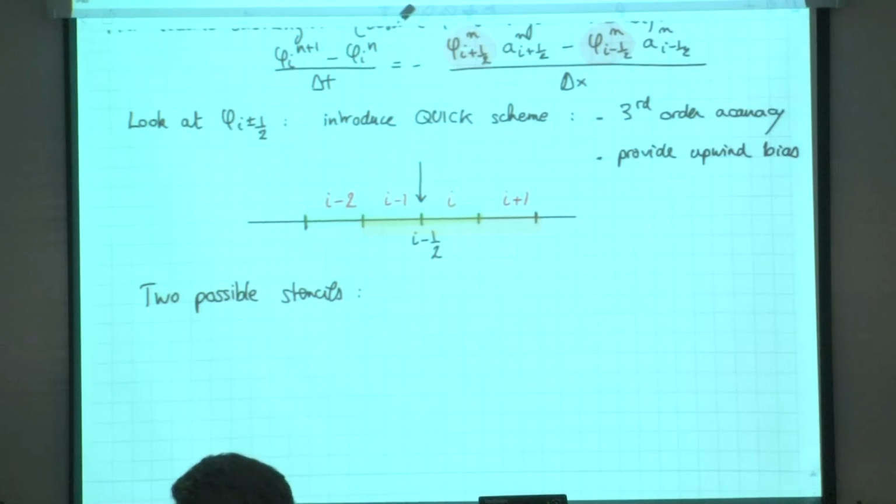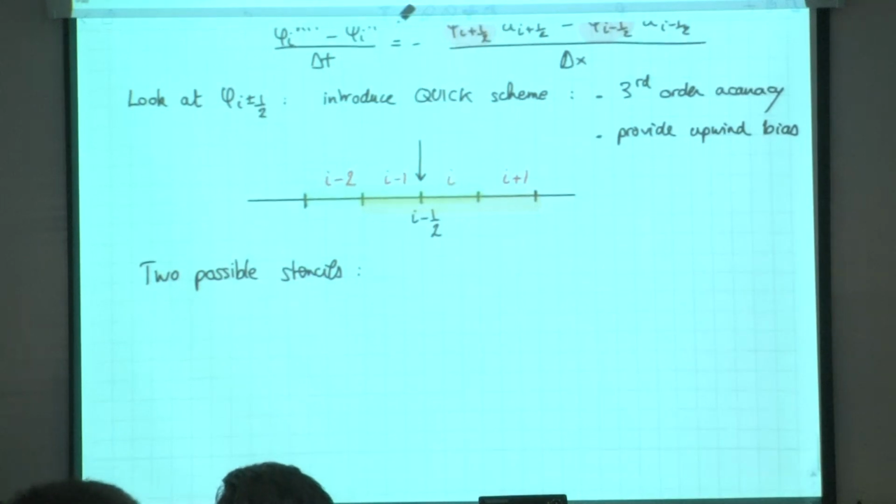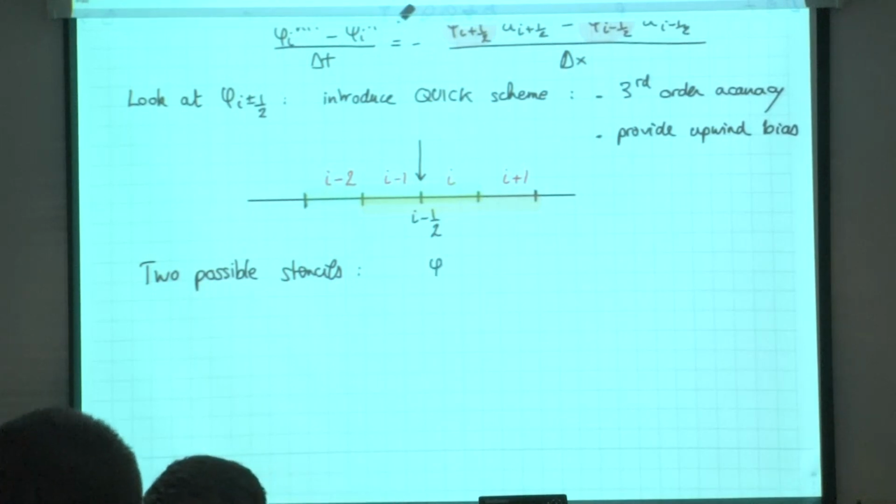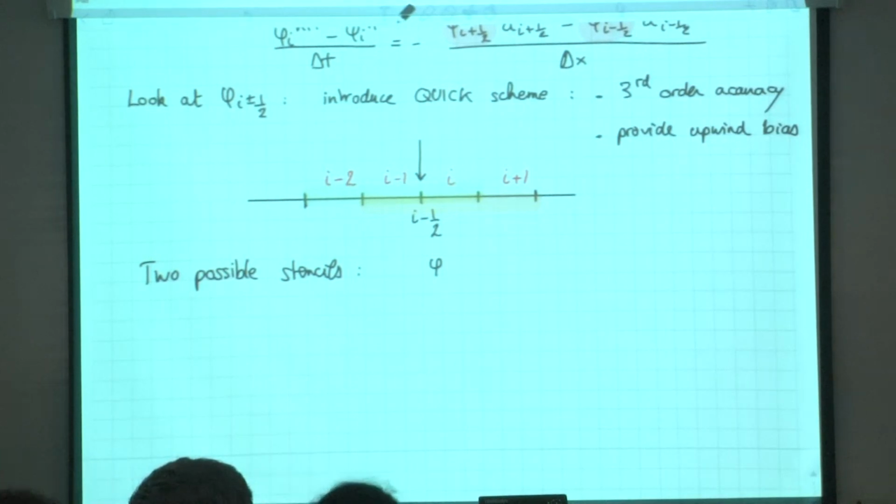You can write this out, do the Taylor series, build a Taylor table and generate the coefficients. What you find is the so-called QUICK coefficients. You find approximation 1.